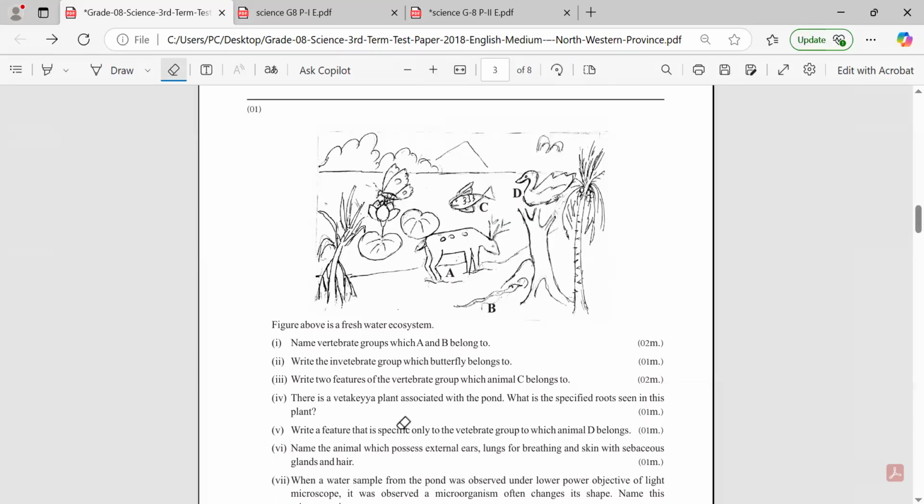Write a feature that is specific only to the vertebrate group that D belongs to. What is D? It's a duck. So what do they have? What is specific in them, Puta? Come on, think.